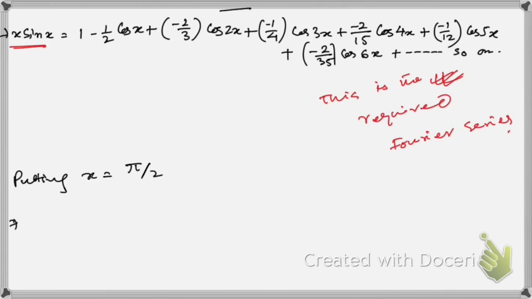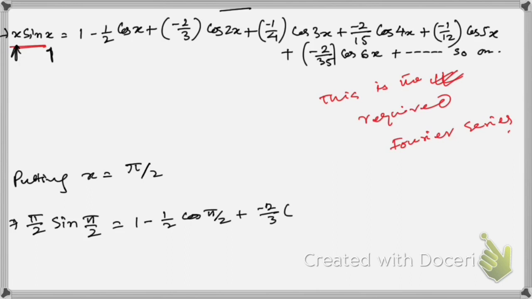If you put pi by 2 here and here, then pi by 2 sine pi by 2, which is equal to 90, is equal to 1 minus 1 by cos pi by 2, then plus minus 2 by 3, then cos 2 into pi by 2. If you put pi by 2 here, then 2 cancels, so you can write here cos pi, right? Then in the next term, again minus 1 by 4.